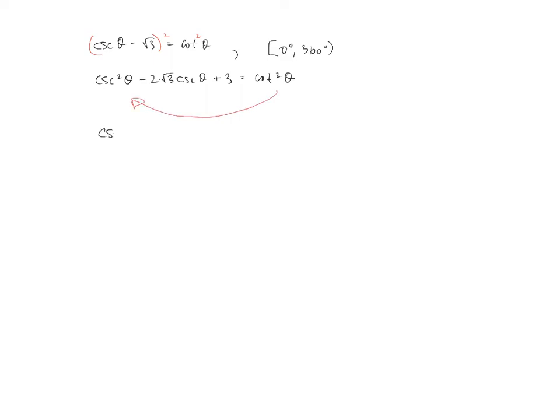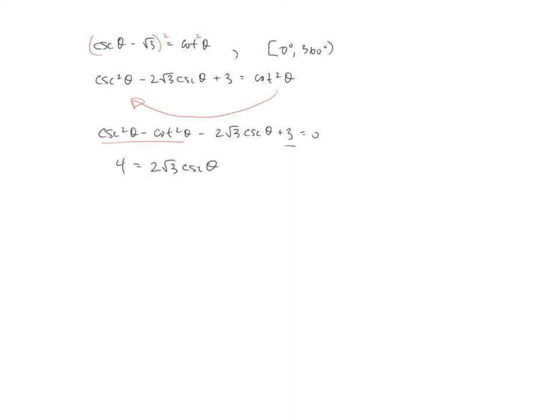Now, cosecant squared theta minus cotangent squared theta, that should be something you recognize. Cosecant squared minus cotangent squared, that's equal to 1. So a 1 from that guy plus a 3 gives us a 4 equals 2 root 3 cosecant.